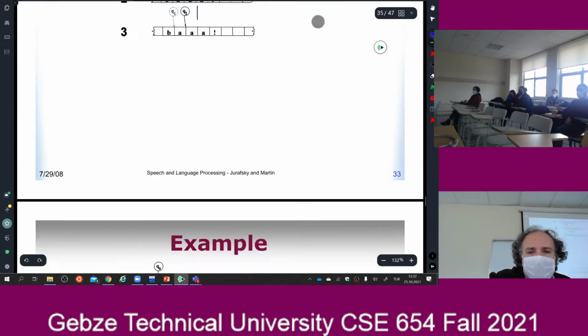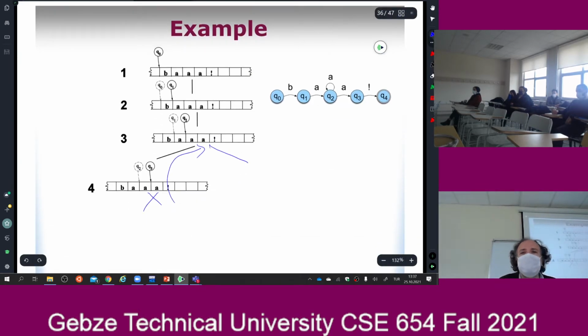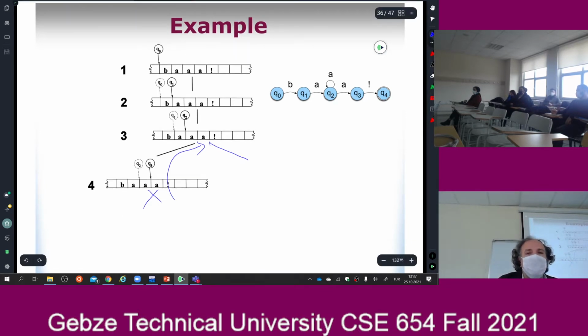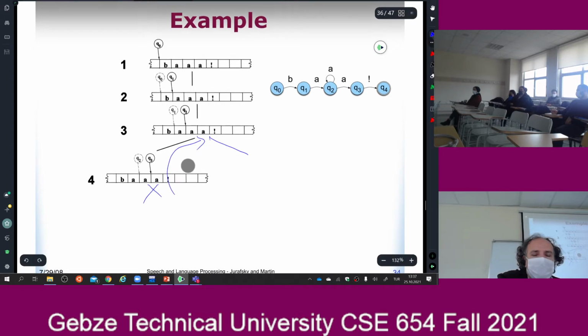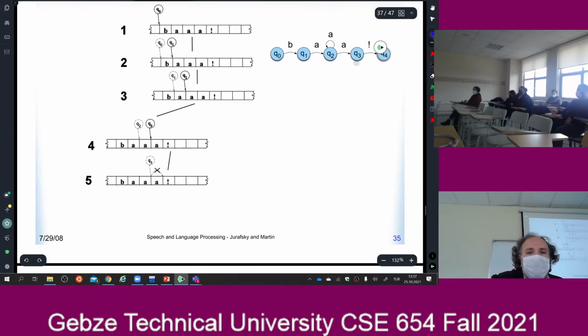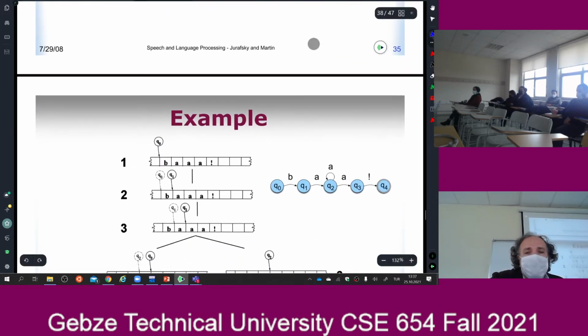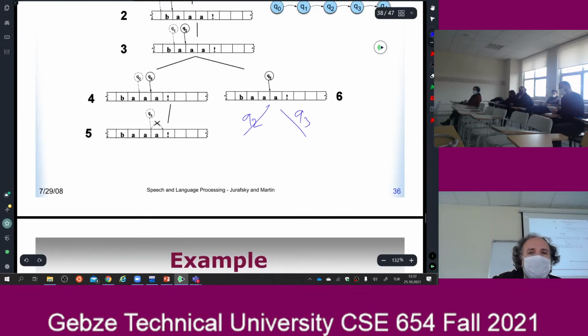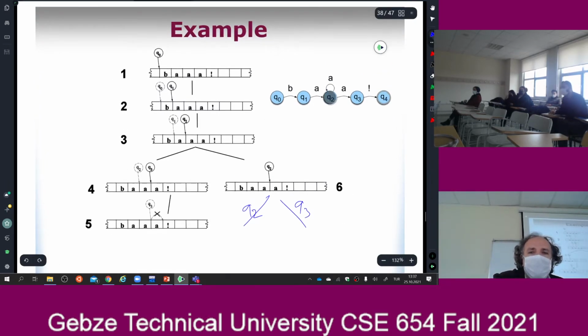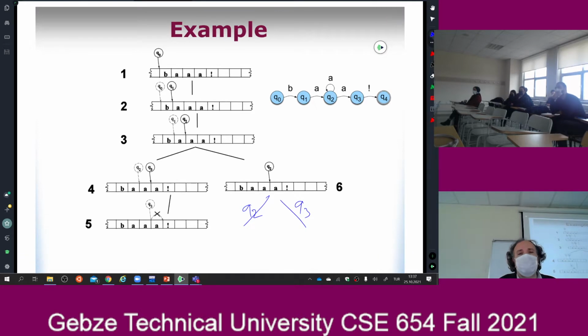Although I have two options, I choose option number 1, but later I realize that it doesn't go anywhere. So I have to backtrack and go the other way. In this case, every time I am at Q2, I have two ways to go, so it's a branching factor of 2 kind of tree.